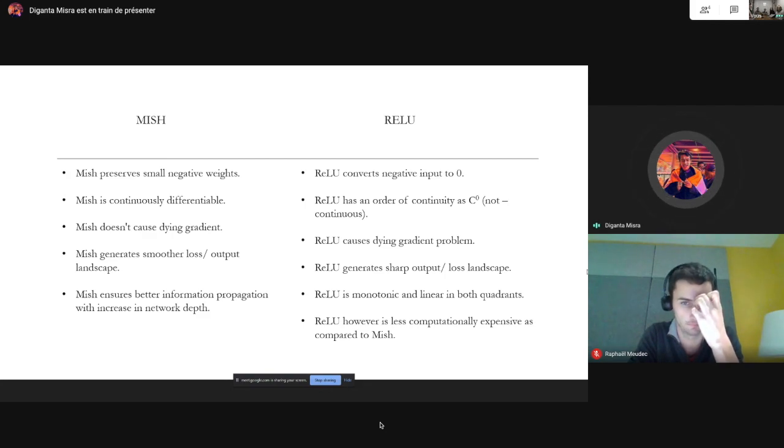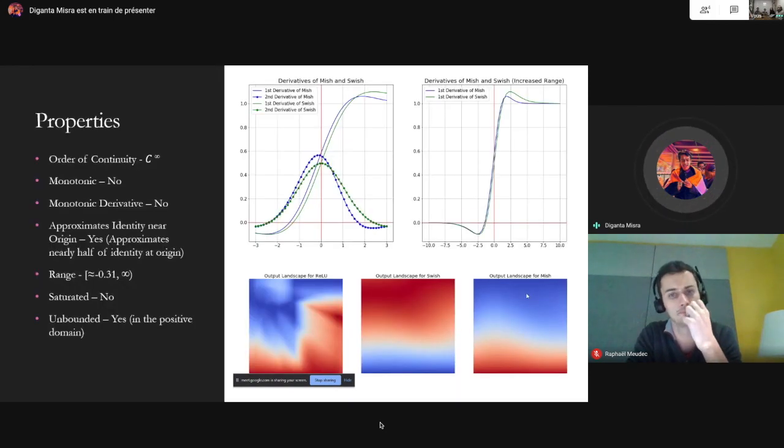Because of that, Mish doesn't cause dying gradients, while ReLU causes the famous dying ReLU problem, or the dying gradient problem. Mish generates a smoother output landscape as compared to ReLU, which was seen over here. To clarify on this graph, if the transition you see from the blue shade to the red shade is smoother, it means your loss landscape will be smoother, and thus you will more easily optimize and generalize better.